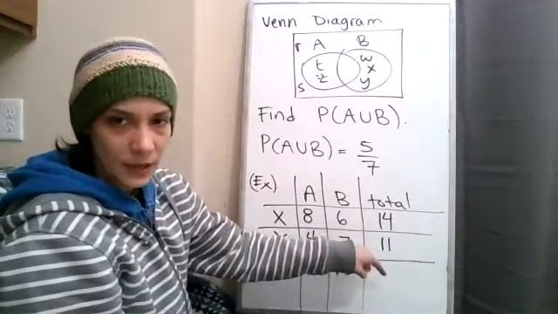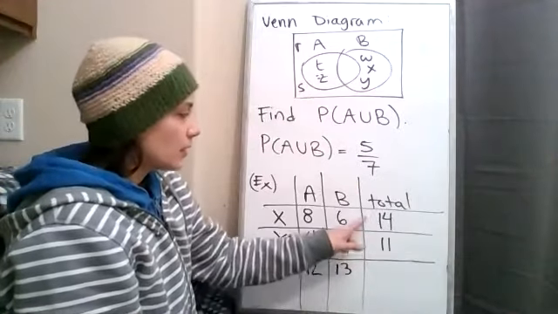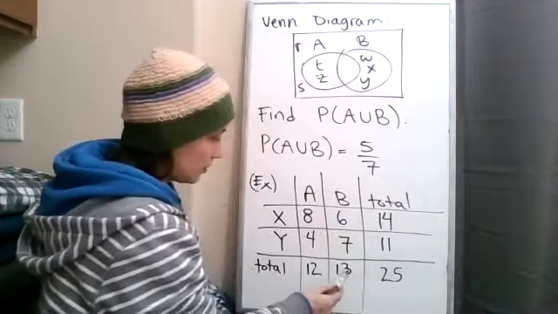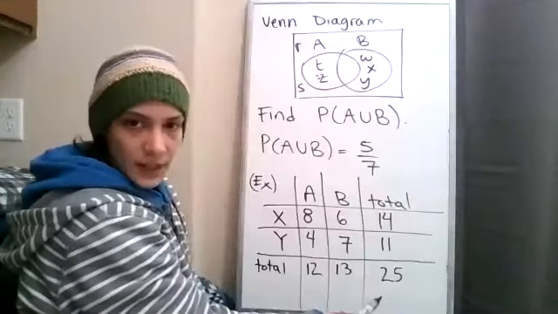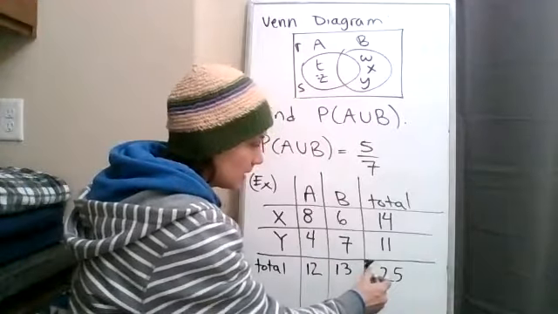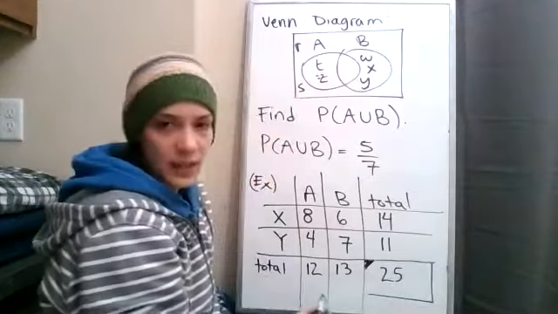And if we add this way and that way, we should have the same number. So 25. Try to remember that that's the size of the full space. That's the size of S.